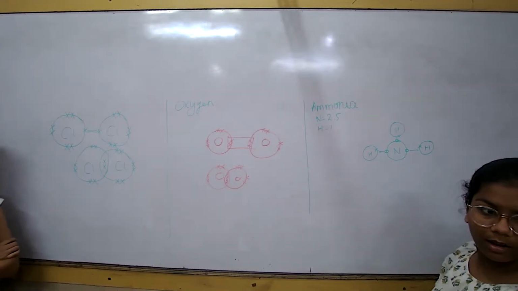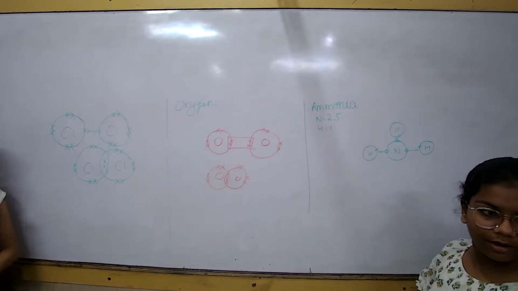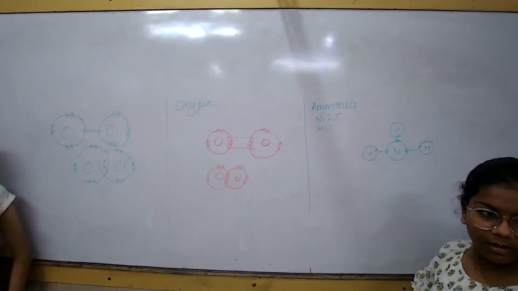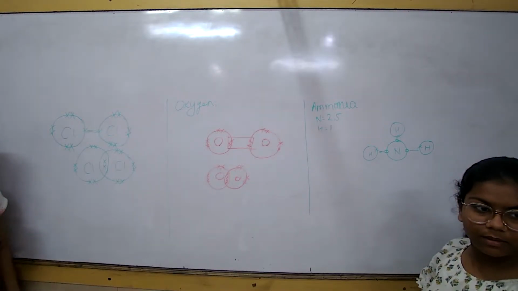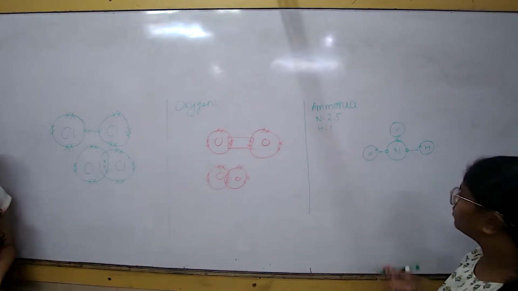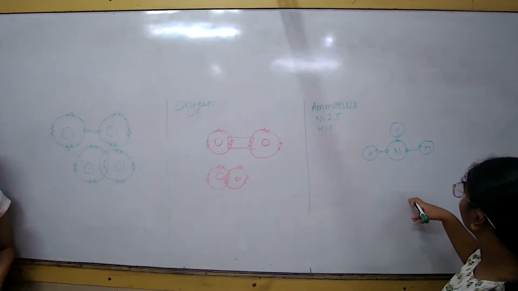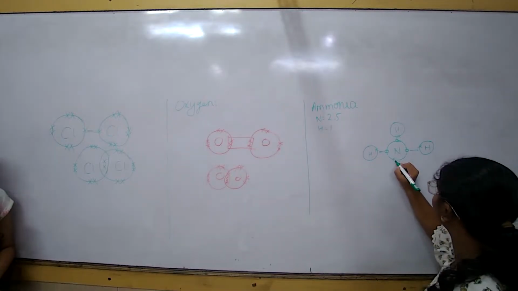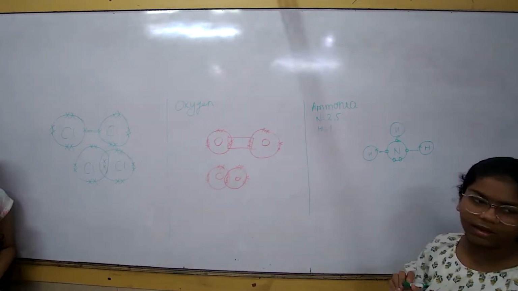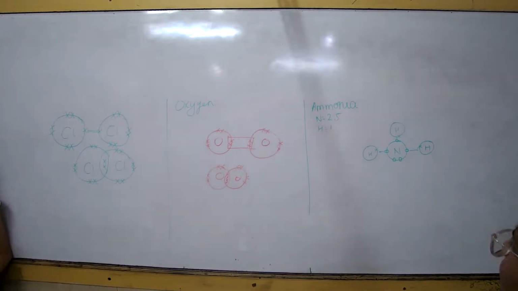How many should nitrogen have? 5. For electronic, it's a stable molecule or not? So to be a stable molecule, how much should nitrogen have? 3 more. Count how many you've got. 6. So yes, that's a lone pair of electrons which do not participate in the reaction because it's a pair. That's enough.